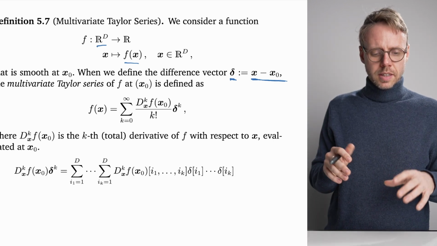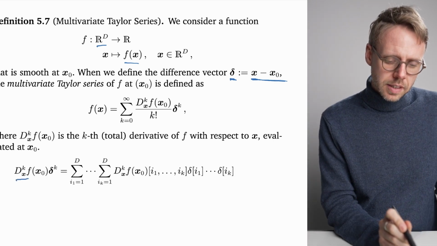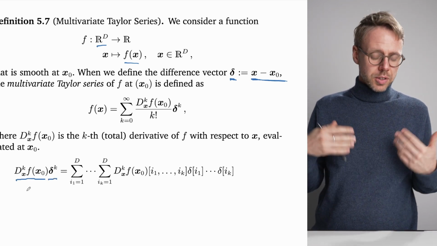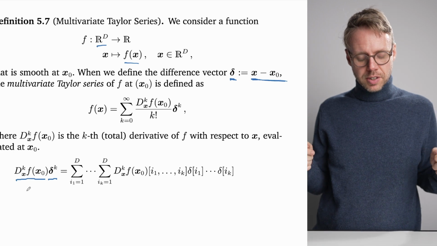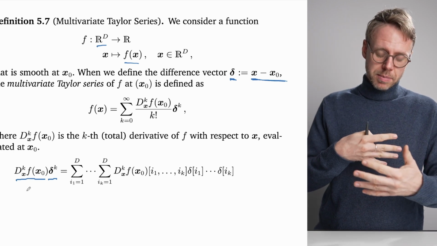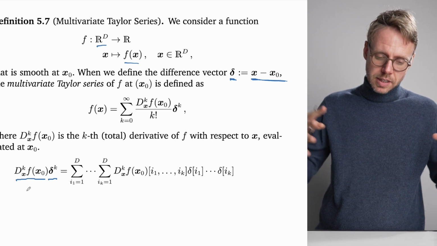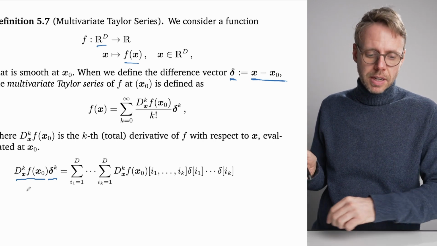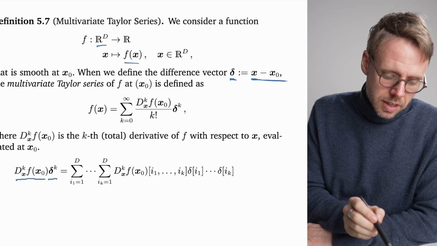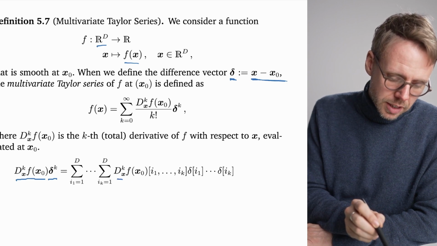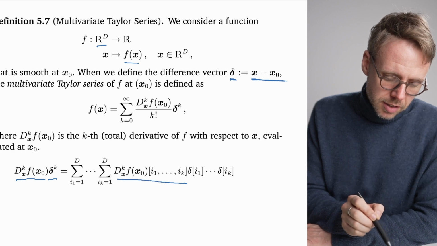where this term is the contraction over two tensors. So you have two kth order tensors, and they're of the same size. You're doing a pointwise multiplication of them and summing all the entries together. So what you end up with is a sum over all the entries of this tensor.